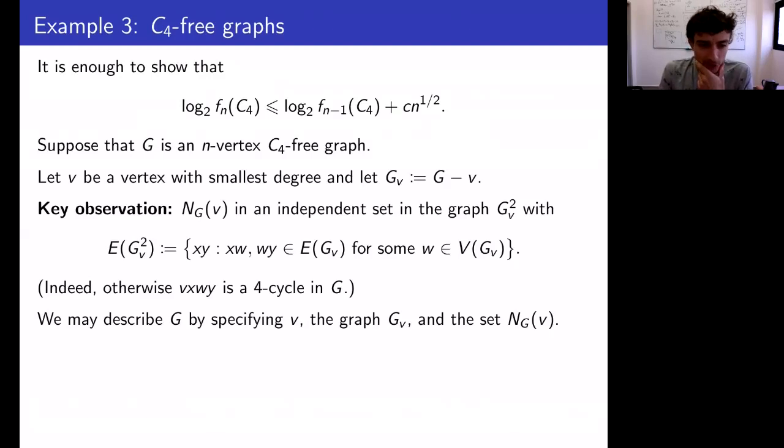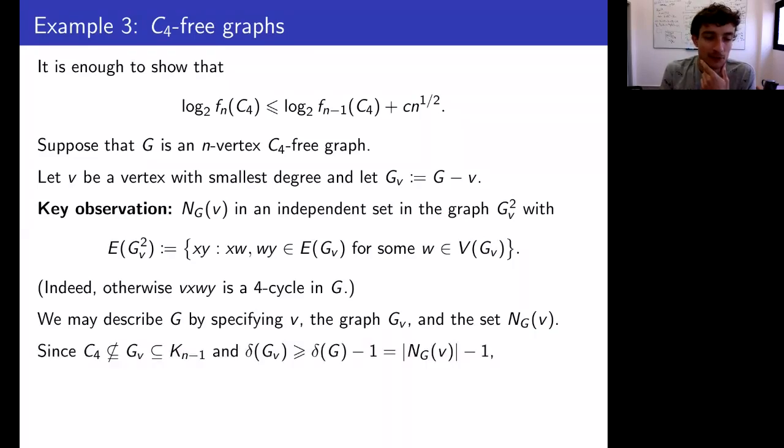We may describe G by specifying the vertex V, then the graph G sub V, and finally the set N_G of V. Now, since G_V is a graph with n-1 vertices and no C4, and also by the choice of V, its minimum degree is at least the minimum degree of G, which is the size of the neighborhood of V, because V was the minimum degree vertex, we can bound the number of such graphs as follows.